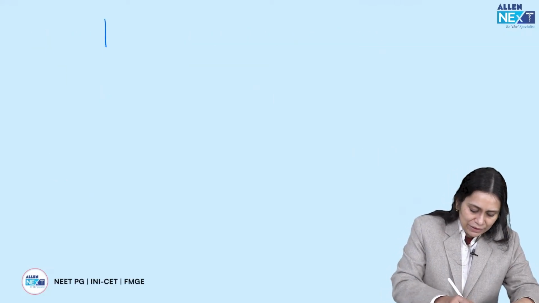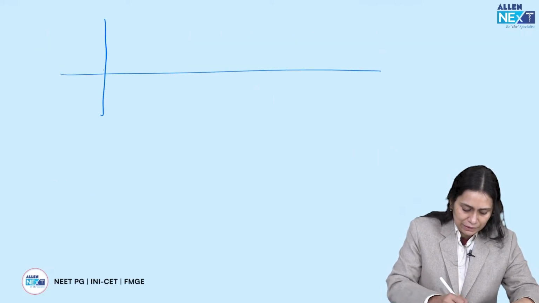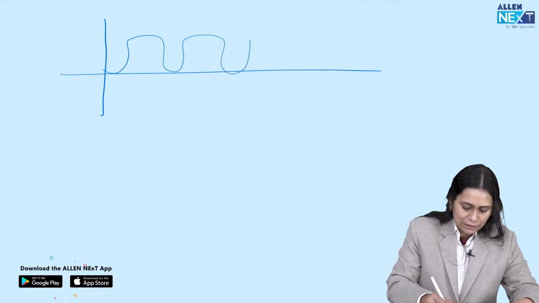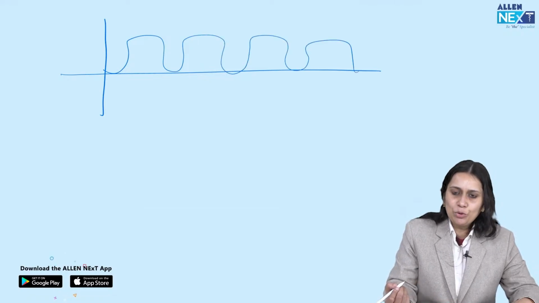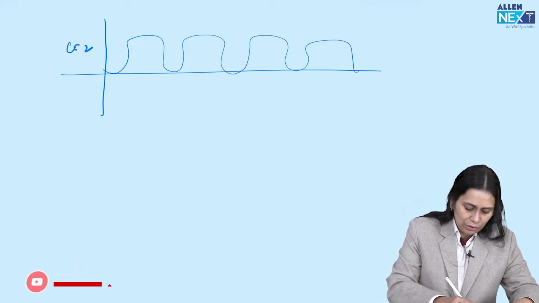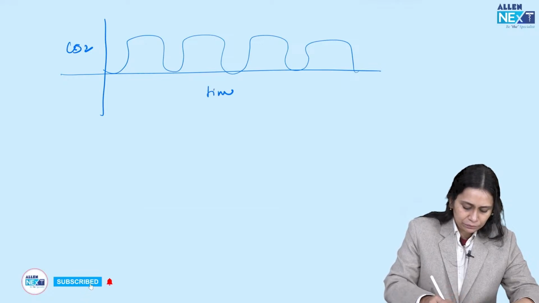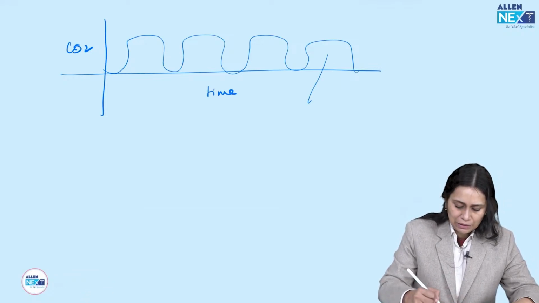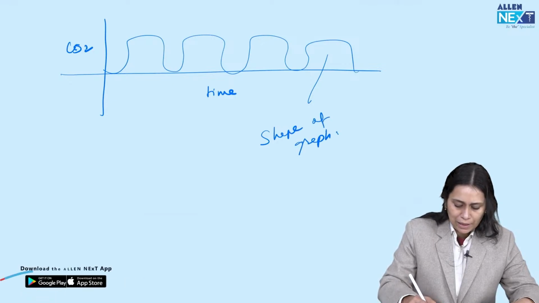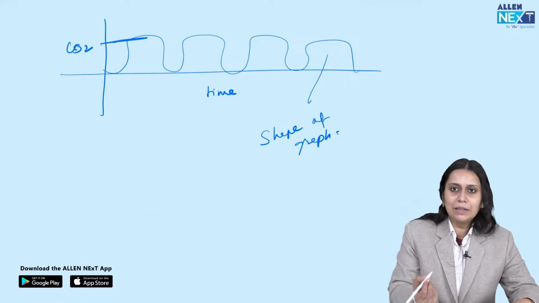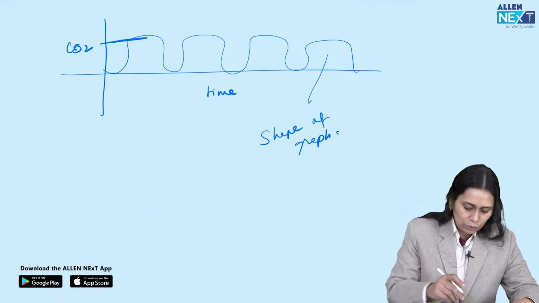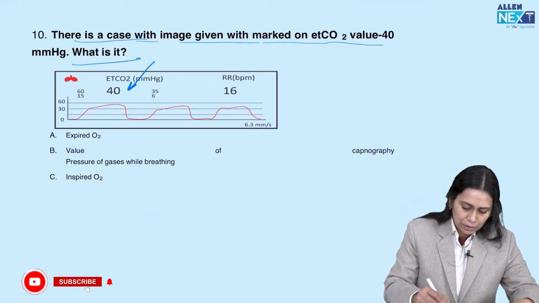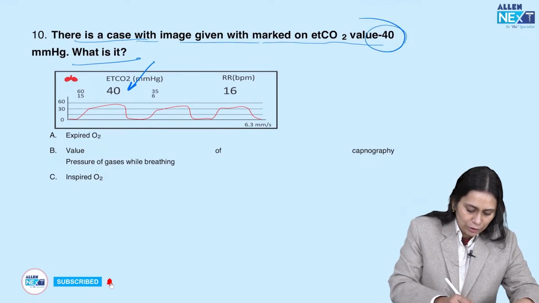So if we see the capnograph, like this is a normal capnograph. This is the CO2 graph against time, and we see two things. We see the shape of the graph, and we see the numerical value which is coming. So here, what was marked? 40. The value was coming 40.